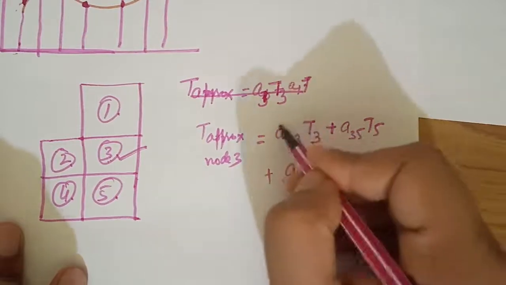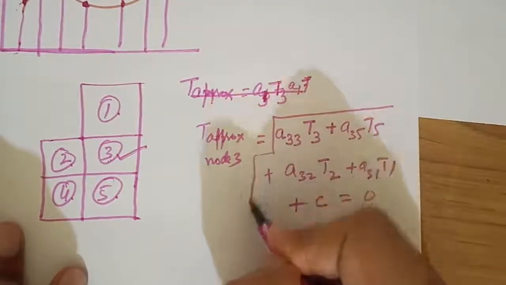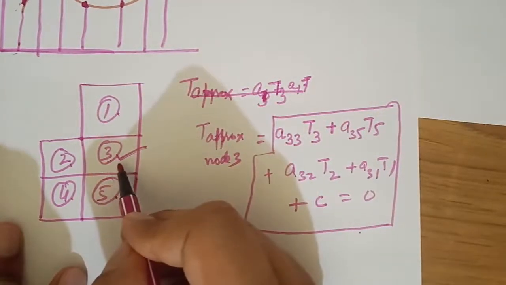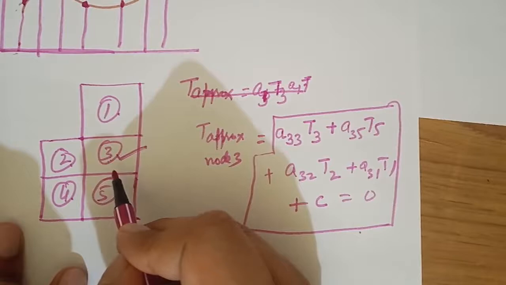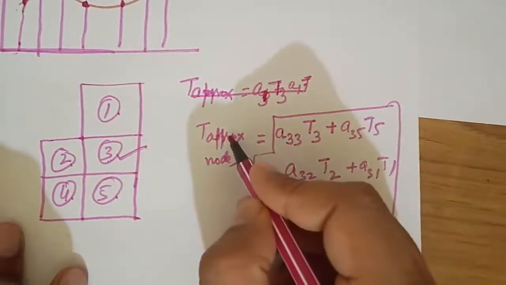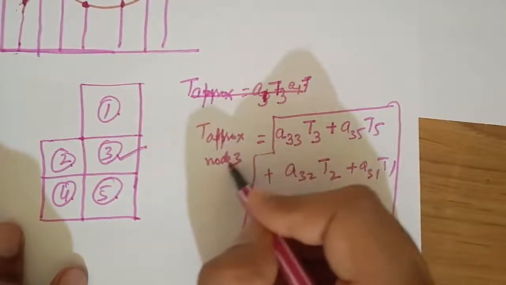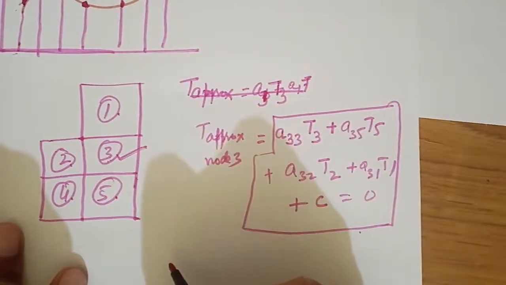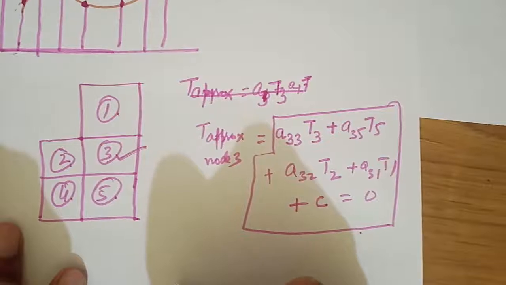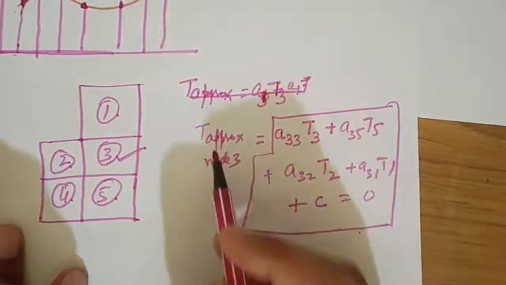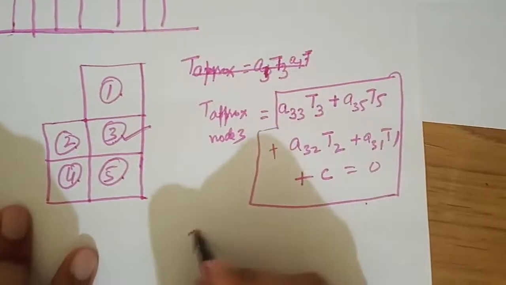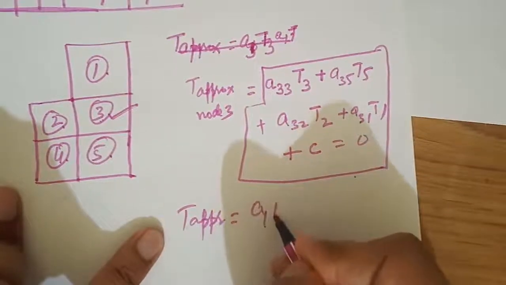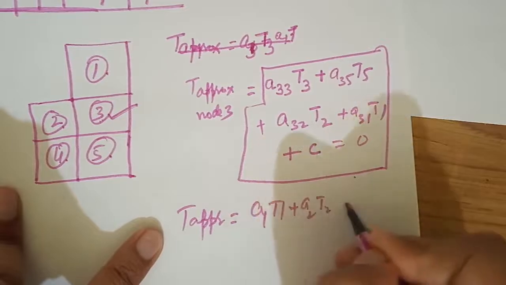So this equals 0. This represents the algebraic equation for node 3, which we have found through putting T approximate in the D form, V form or M form of the equation. So please remember, as such, we might have T approximate as something like A1 T1 plus A2 T2 and so on.